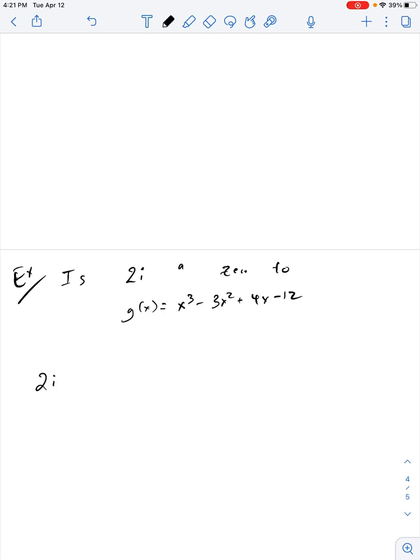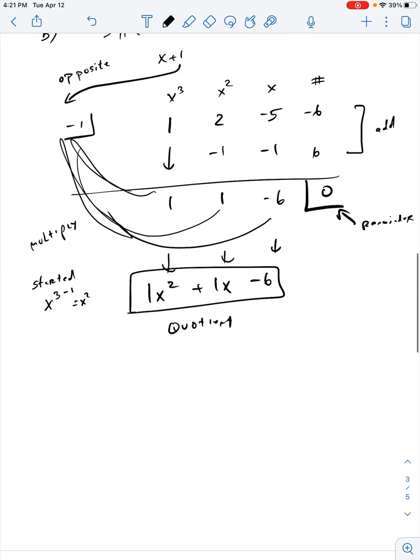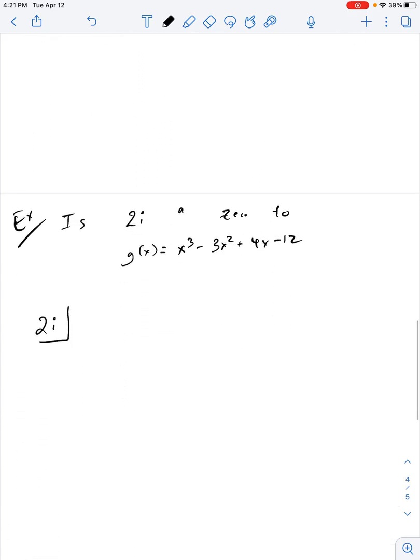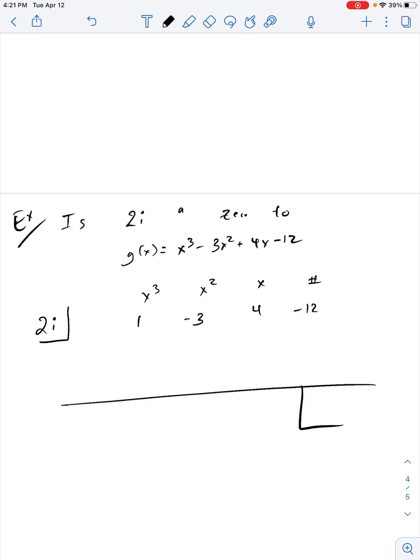So we use 2i, just like we did with our synthetic division, and we just work with the numbers. X to the third is 1, x squared is negative 3, x is 4, the number here is negative 12. So the question is, is 2i a zero?